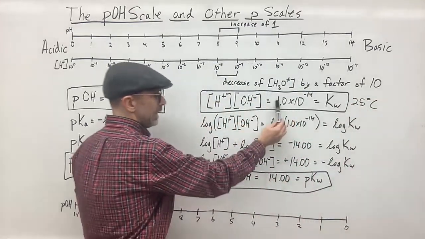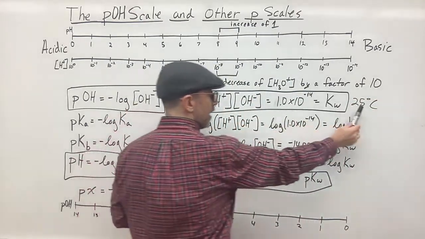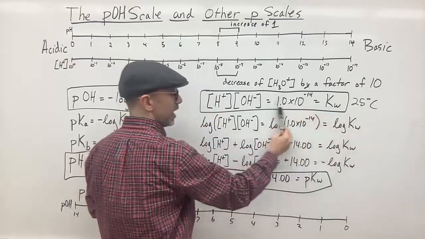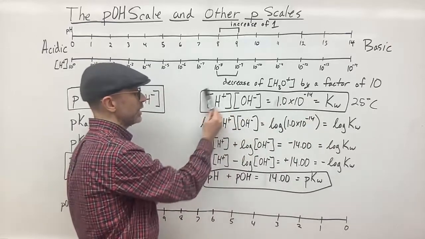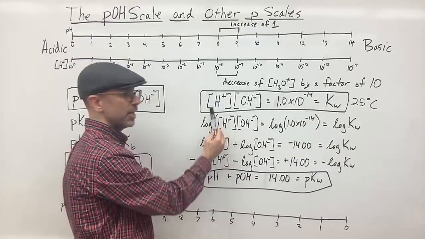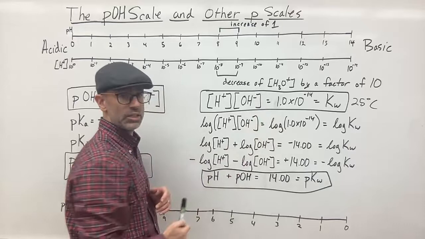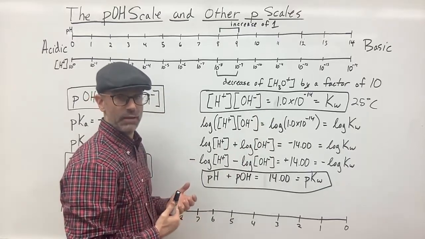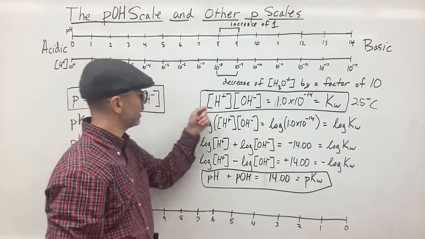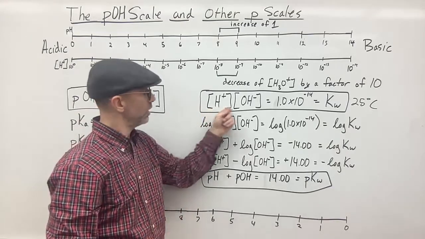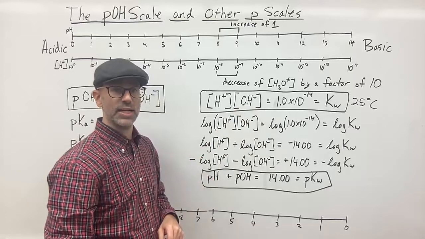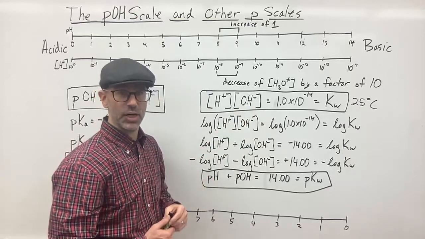So if our temperature stays the same, then this is constant. This is always going to be the case. So remember, increasing the H plus concentration will decrease the OH minus concentration by the same factor. So if you increase the H plus concentration by a factor of 100, then you decrease the OH minus concentration by a factor of 100.